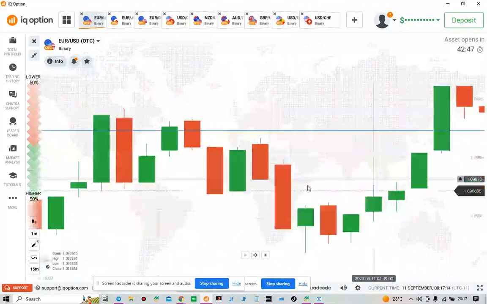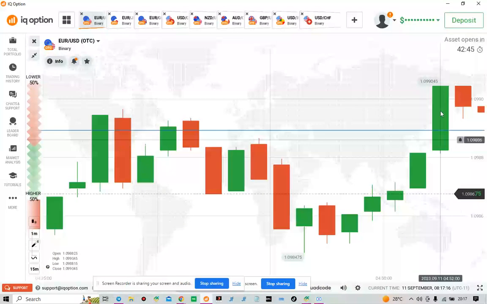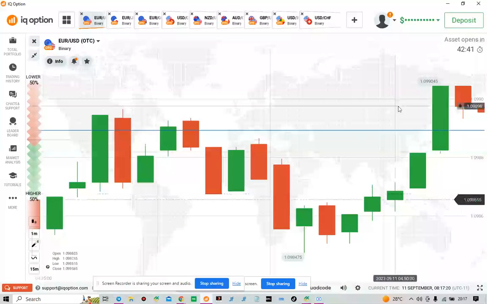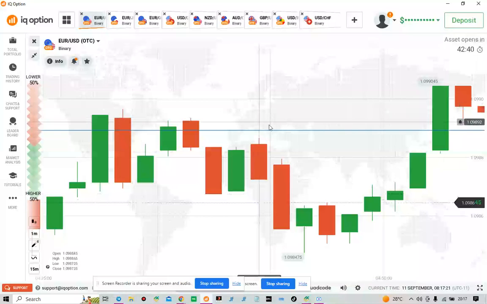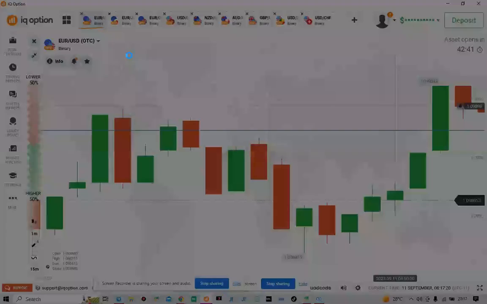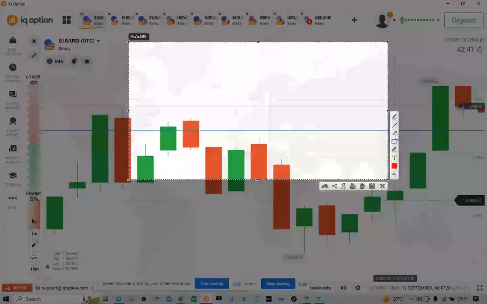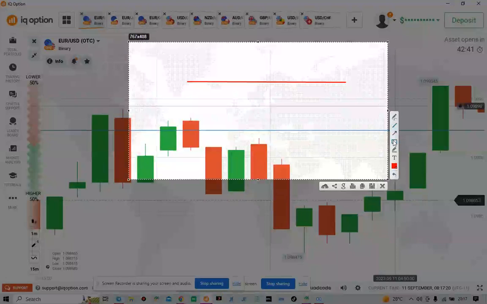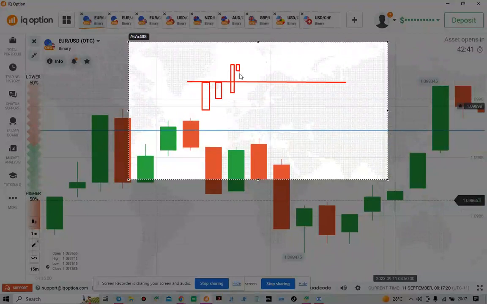Okay, finally this candle crossed the line. You know, there are some things that usually happen in the market. If you have a strong level, anytime the price reaches this level, it reverses. Anytime the price even crosses this level and then comes back again, it reverses.